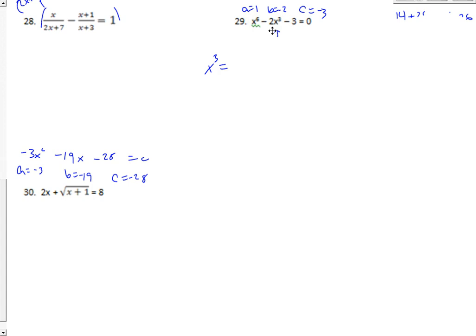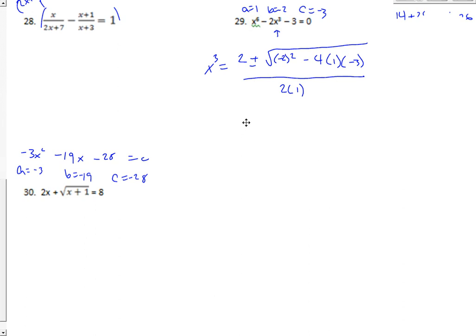So I'm going to get the opposite of negative 2, which is 2, plus or minus the square root of negative 2 squared minus 4 times 1 times negative 3, all over 2 times 1. So I go through and I solve this just like I would any other quadratic formula. And underneath the radical, I'm going to get 16.